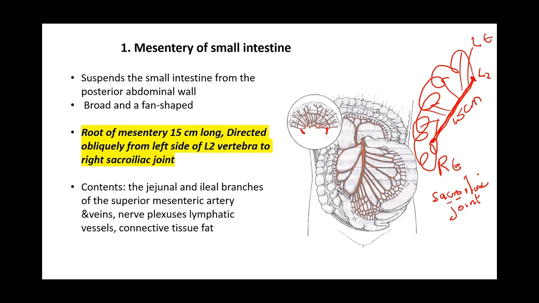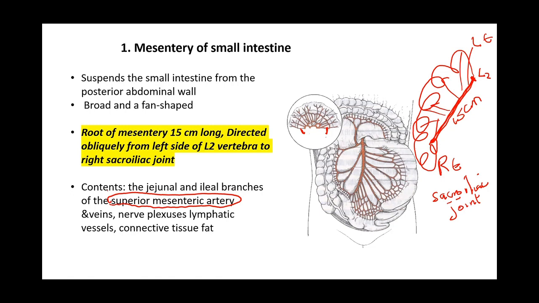Don't forget, the superior mesenteric artery supplies the midgut. The midgut extends from the ampulla of Vater in the second part of the duodenum up to the proximal two-thirds of the transverse colon.